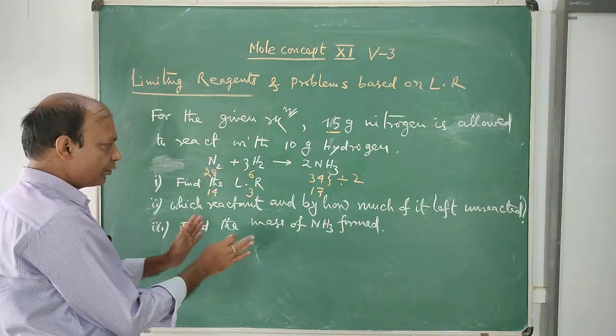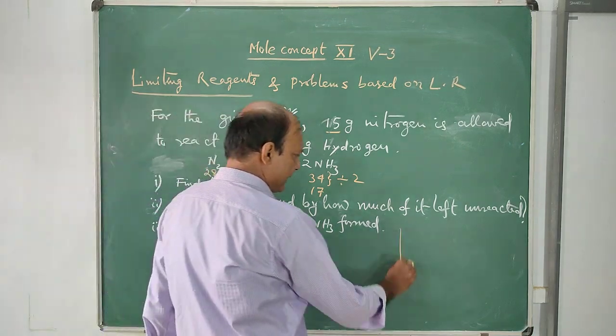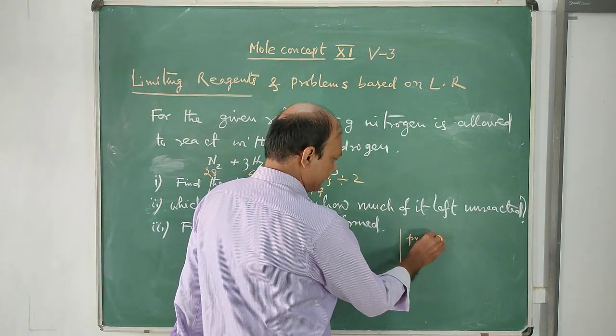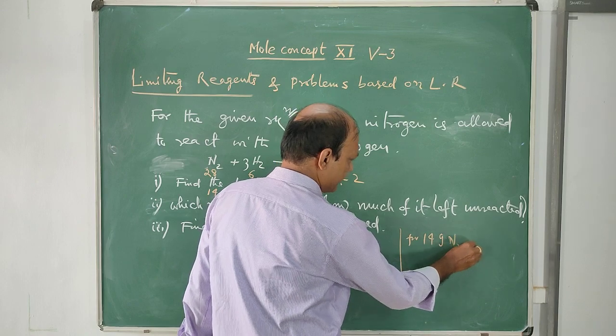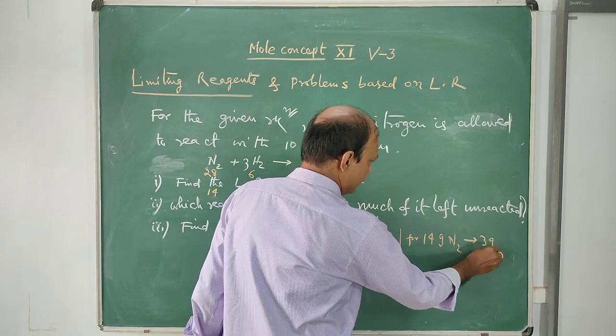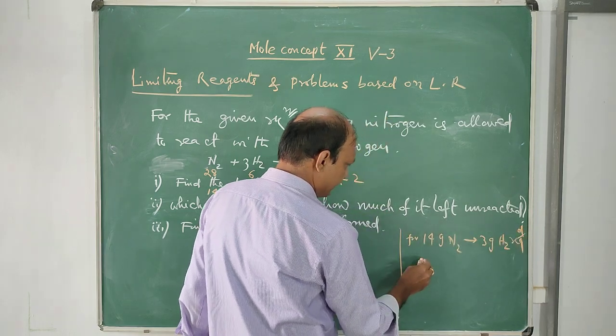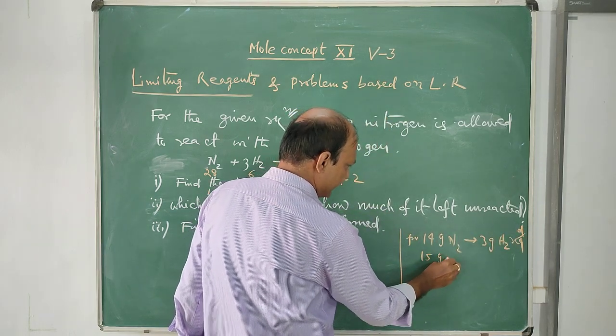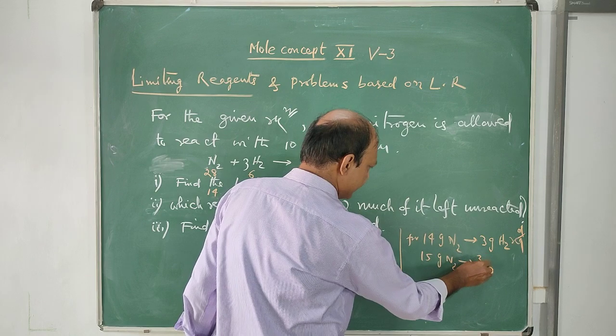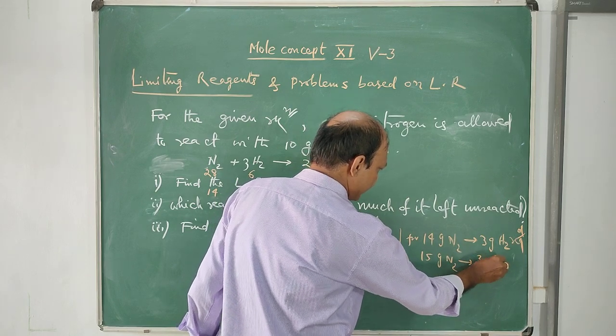You have to show it by calculations in this way. For 14 gram nitrogen, 3 gram hydrogen is required. Therefore for 15 gram nitrogen, 3 by 14 into 15.